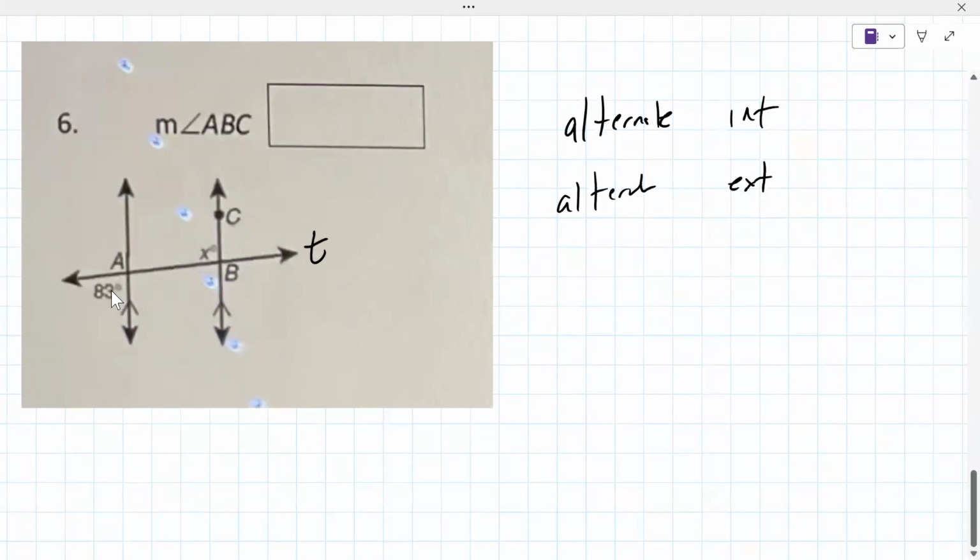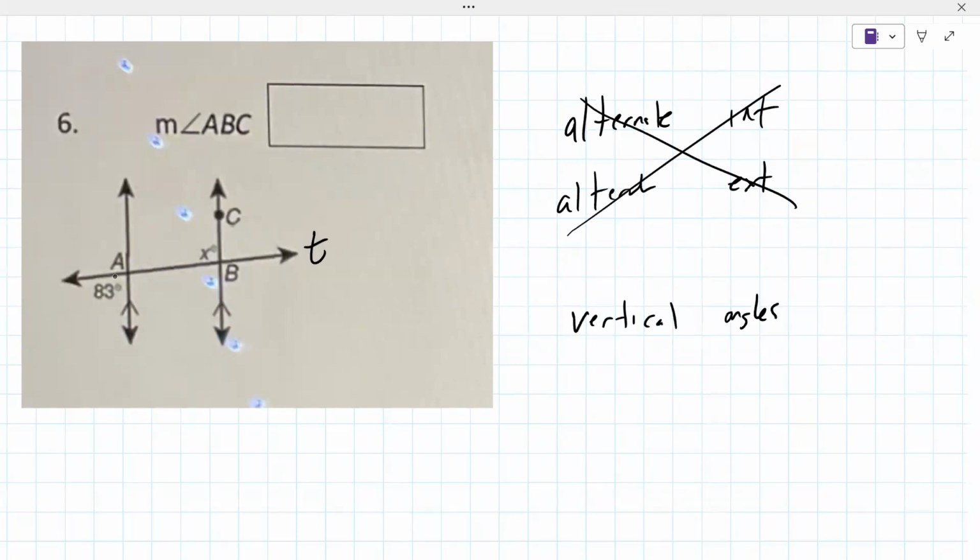The problem with what you have here is that one's in the interior, one's in the exterior. So neither of these apply. You might be thinking, well, how can I do this problem? Well, vertical angles. That's a good place to start.